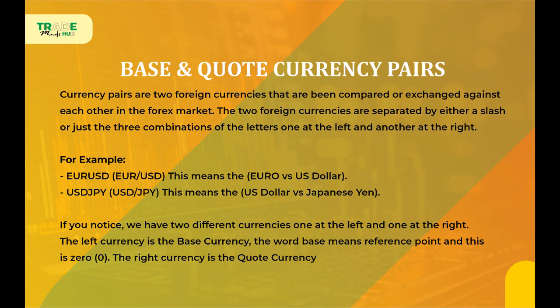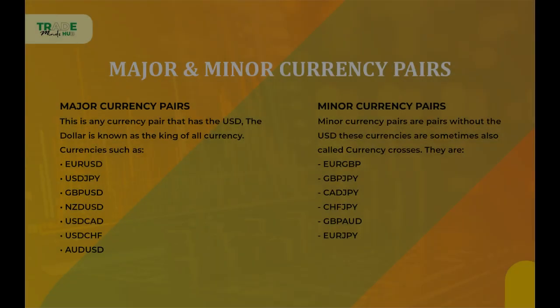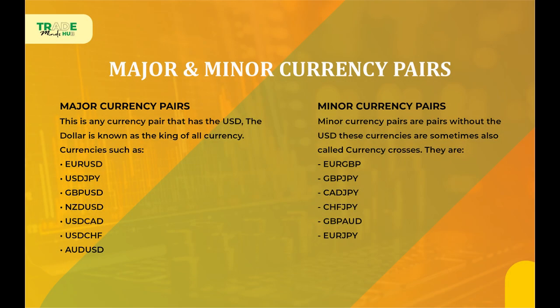Alright, so when it comes to currency pairs, we have what we call major currency pairs and we have what we call minor currency pairs. Major currency pairs are pairs that carry the United States dollar. Why? Because the dollar is known as the king of all currencies.